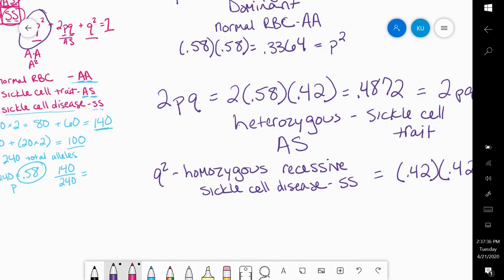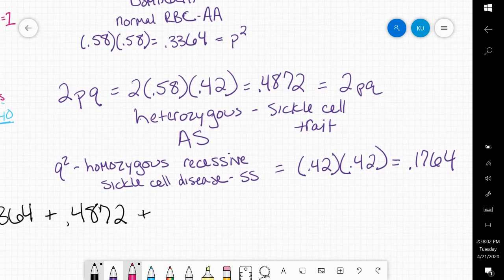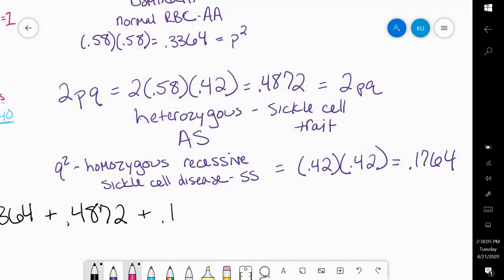So if we said P squared was 0.3364 plus 2PQ was 0.4872 plus Q squared was 0.1764, that should equal 1, okay?